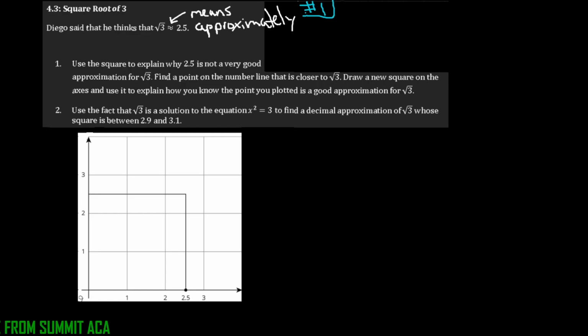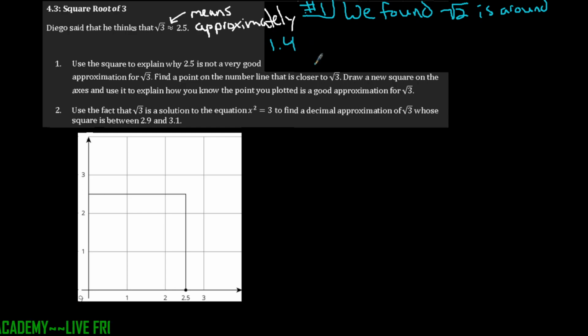For part 1, we found the square root of 2 is around 1.4, and we found that in the first part of this page.